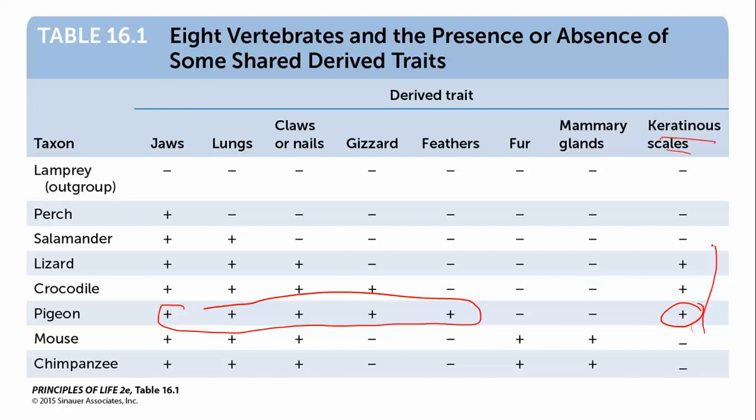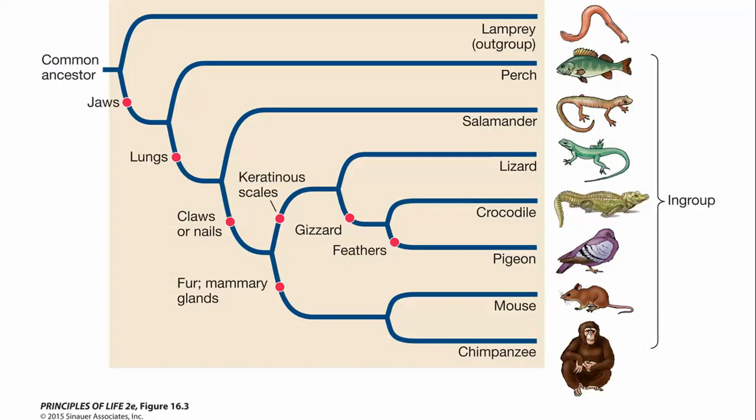There's only these three guys that have it, so it needs to only be present on a branch that leads to lizards, crocodiles, and pigeons, but not to mice and chimpanzees. And you can see that divergence here, where on one branch you went on to have fur and mammary glands, and the other you went on to have keratinous scales.